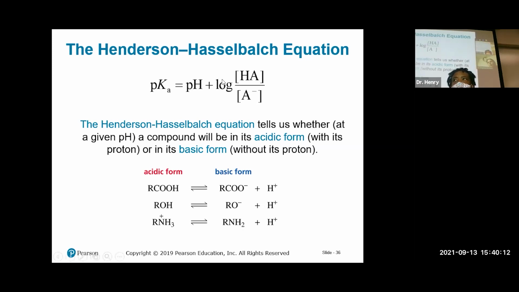If the log of the concentration of the acid over the concentration of the base is a negative value, which is going to be higher, your acid form or your base form? That's right, our base form. So if it's a negative value, that means this value is, let's say for instance, 1/10. Log of 1/10 is what? Somebody do that math.